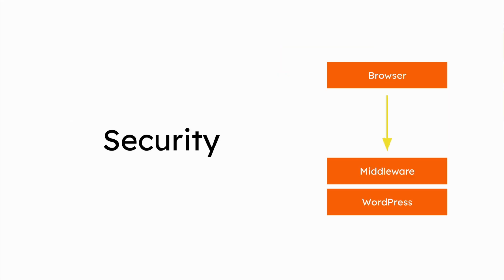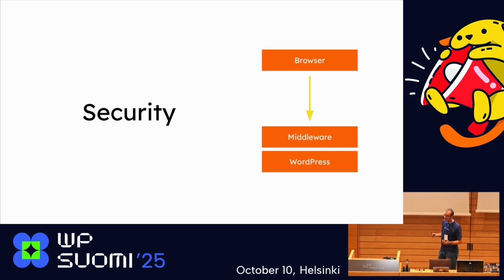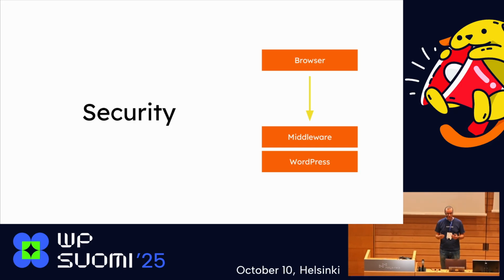The second one is security. There are different kinds of systems, for example Next.js, which acts as a middleware in front of WordPress. So from outside, you cannot actually see that WordPress is there behind everything.